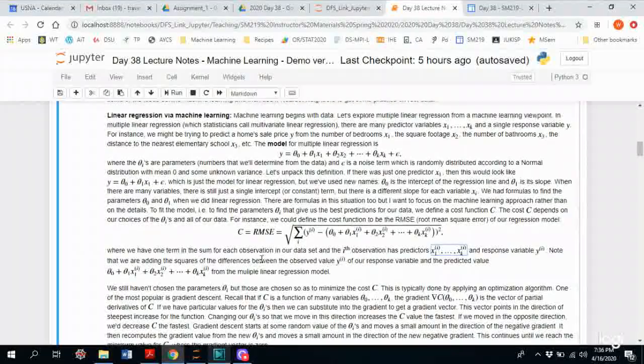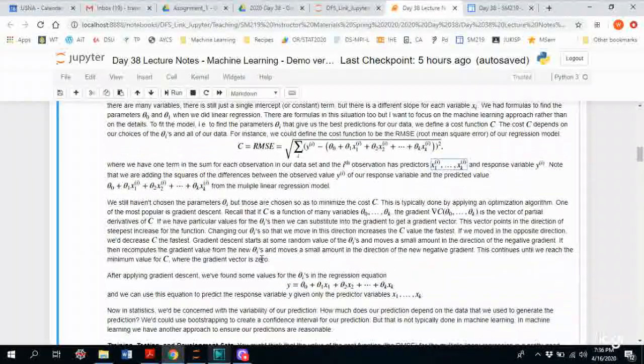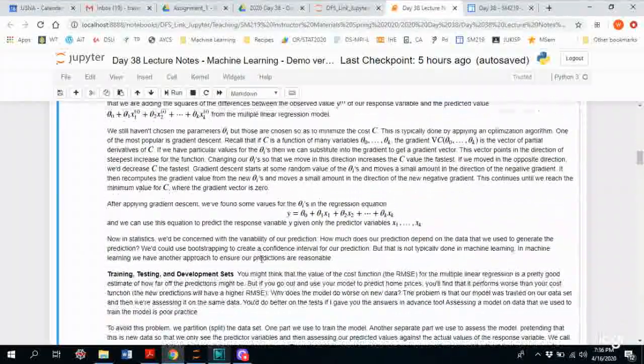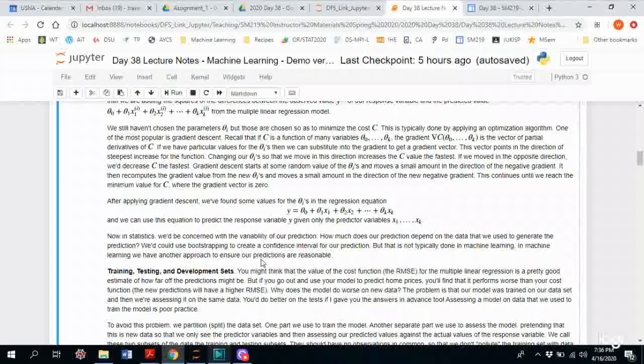We still haven't chosen the parameters theta i, but those are chosen so as to minimize the cost C. This is typically done by applying an optimization algorithm. A lot of the details are hidden under the hood, so to speak. But one of the most popular optimization algorithms is called gradient descent.